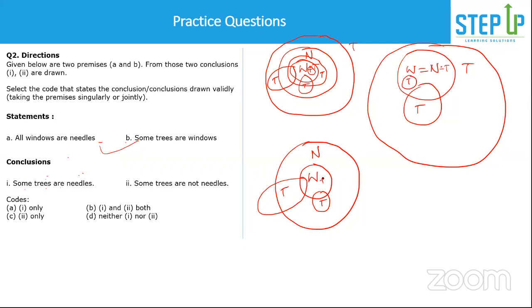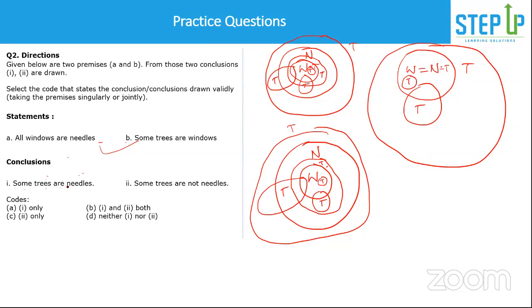Can I say like this, T inside? Yes. Can I also say some trees are windows? So can I say something like this? Some trees are windows, so this tree is a window. Yes. Can I also draw like this, guys? Yes. So these are all possible diagrams that I'm drawing, right?